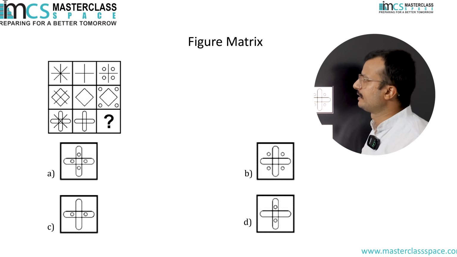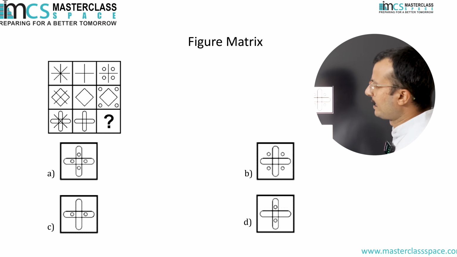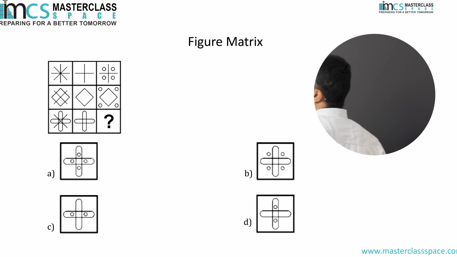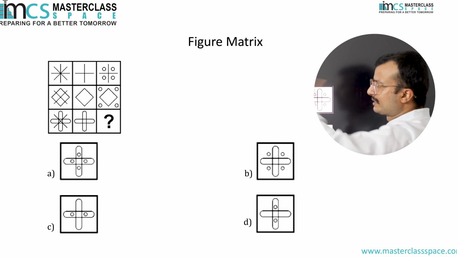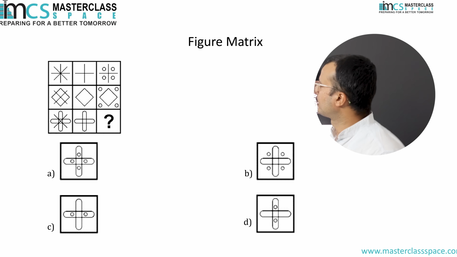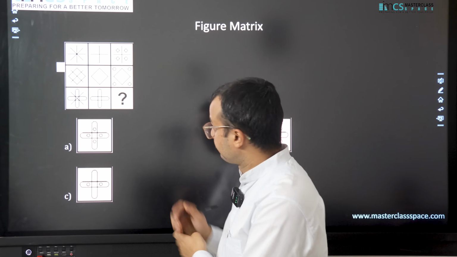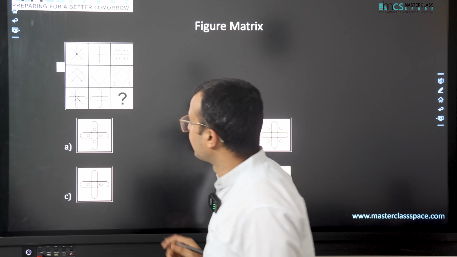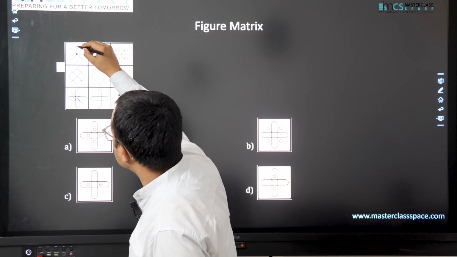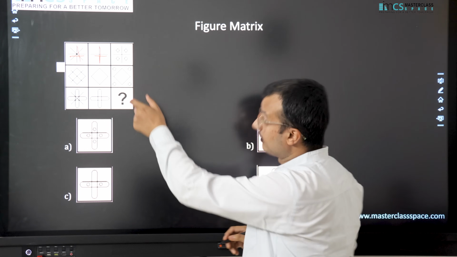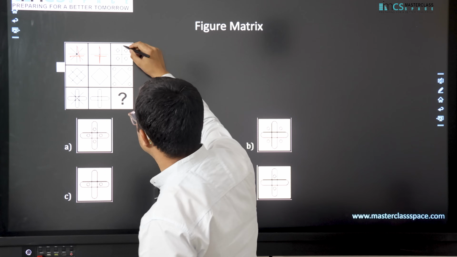Figure matrix question is there. Quite interesting questions, frankly. You have to again identify a pattern among these rows, and then based on that you have to look at this. Let's try to see what is happening. If you see this thing and this thing, they are common and they are preserved in the third figure.